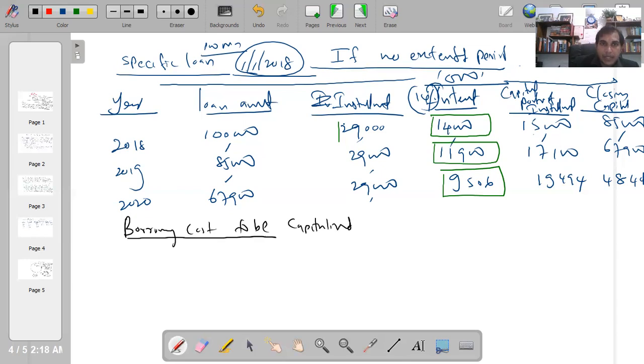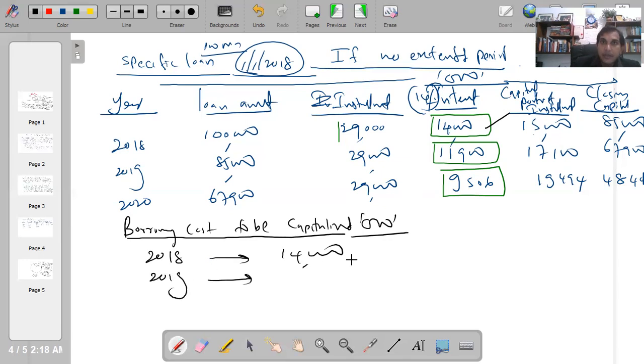Borrowing cost to be capitalized. That's why I said it's a very easy calculation. Now 2018, what is the interest amount? This 14,000, the entire 14,000 needs to be taken. That can be capitalized. In 2019, 11,900, no issue. Then in 2020, you cannot take the full amount, because this figure is for the entire year.